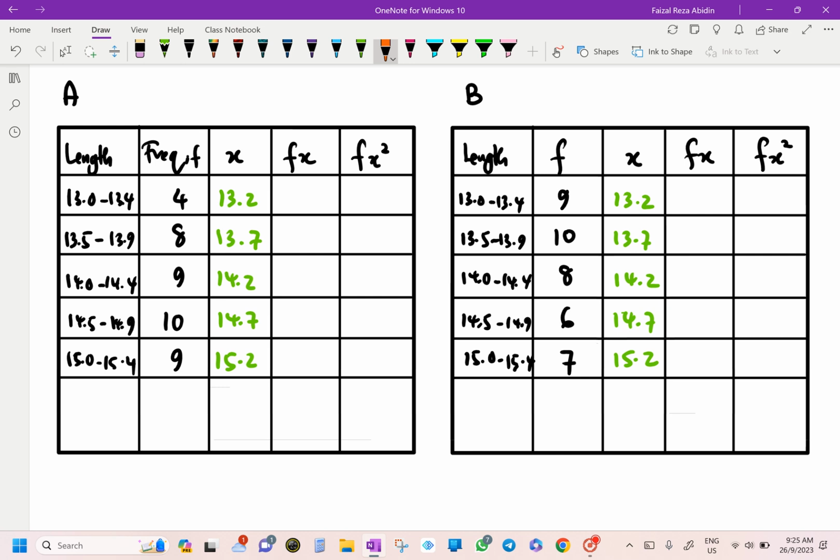No, the frequency is different between species A and species B. So for species A: 4 times 13.2 is 52.8. 8 times 13.7 is 109.6. 14.2 times 9 is 127.8. Then 147, and 15.2 times 9 is 136.8.